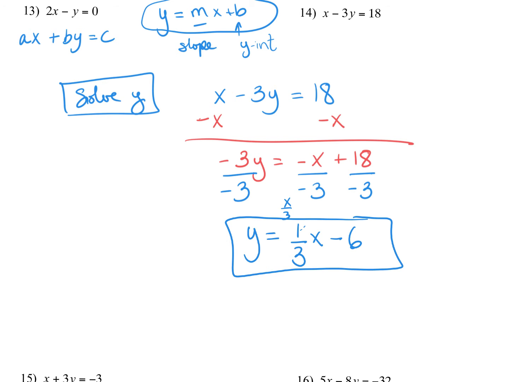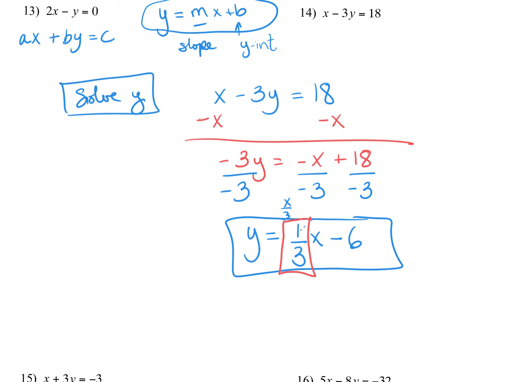Okay, so that is how we can convert any standard form equation into y equals mx plus b. Now looking at this, I can tell that my slope is a positive 1/3. And of course we can graph or write an equation for any line parallel or perpendicular to that equation.